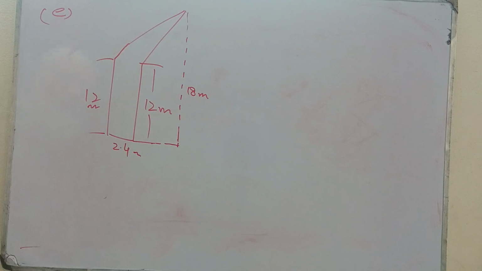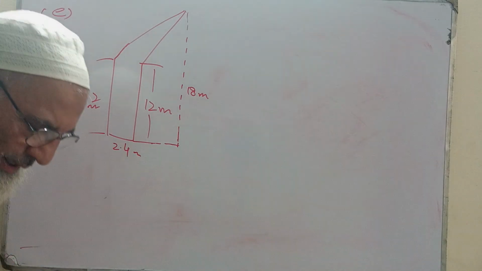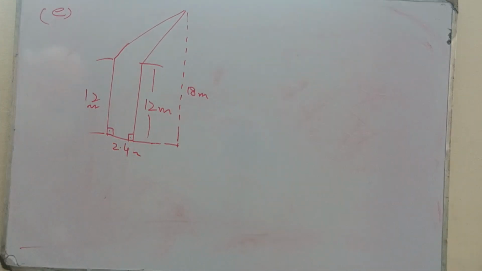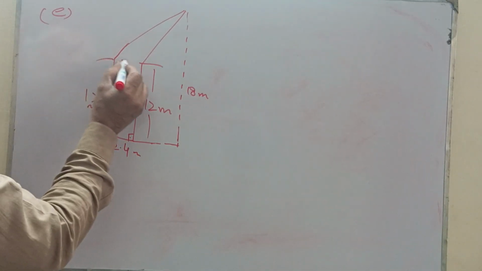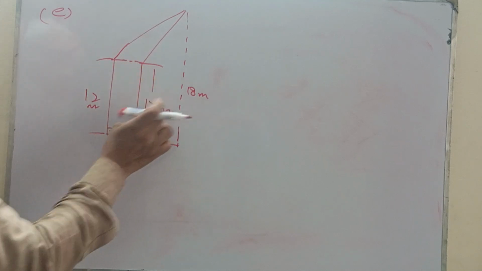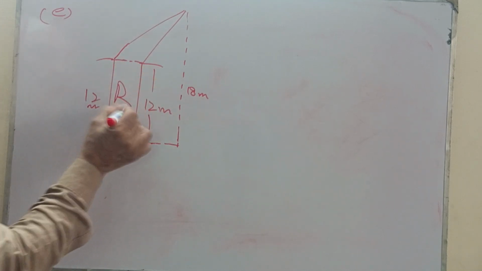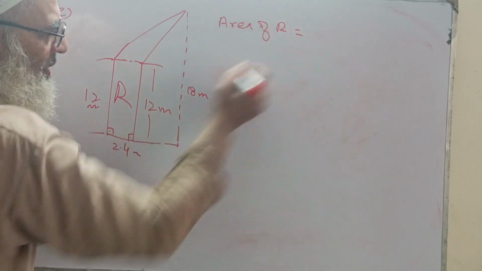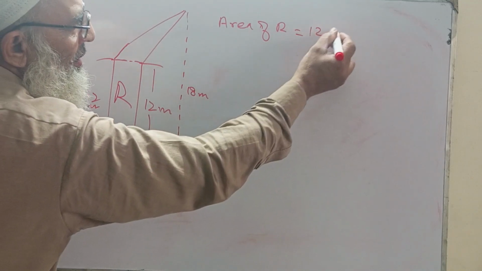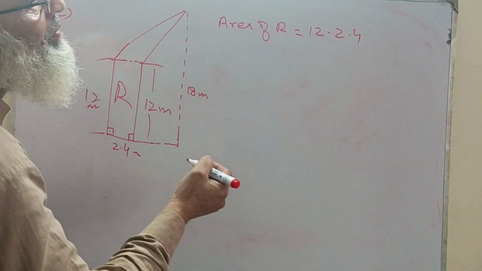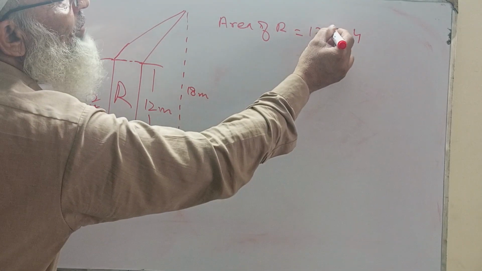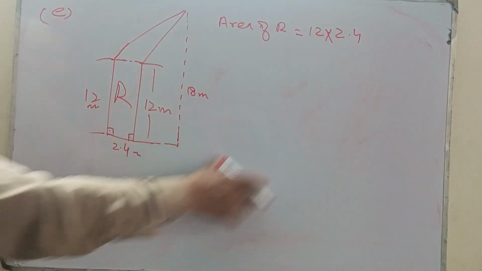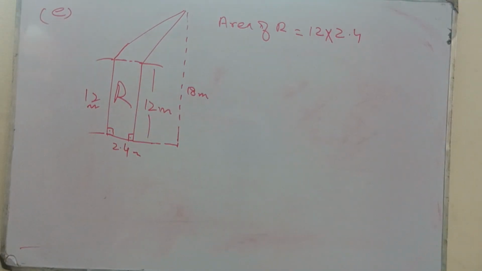Very easy. Also these two signs are given, so this means that this is a rectangle. Now this is R. Area of R is equal to 12 multiplied by 2.4. Whatever will come, something will come.